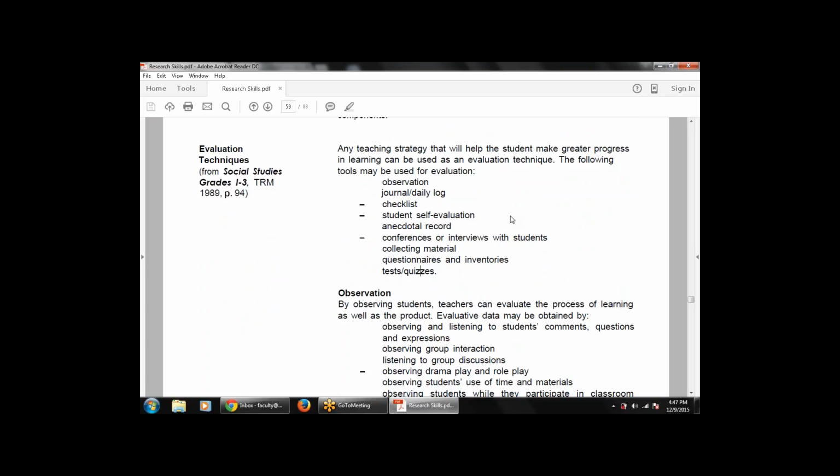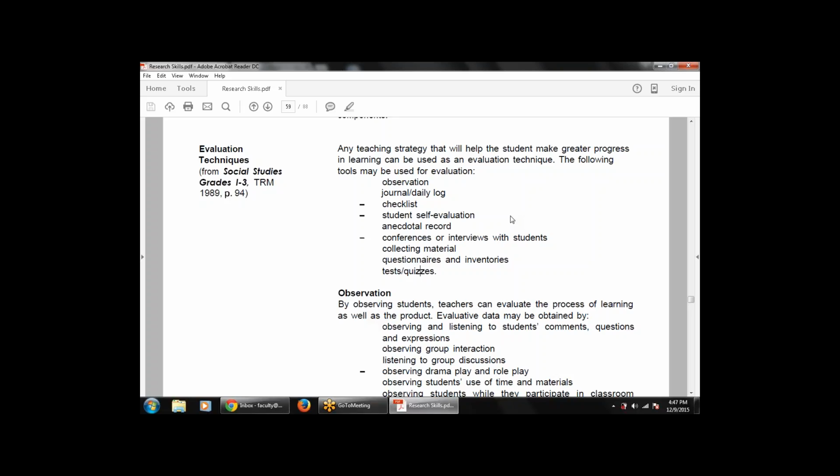Then checklist: whether this document is available, yes, this document is available, that is a checklist. Then student self-evaluation, where the students evaluate themselves. Then anecdotal records, then conferences or interviews with the students, then collecting material, which is also part of the evaluation technique.